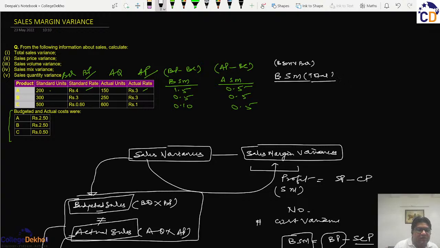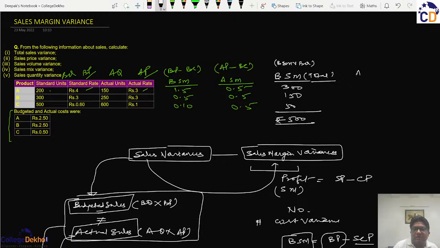So 1.5 into 200 will be 300. 0.5 into 300 will be 150. 0.10 into 500 will be 50. So this will become rupees 500.